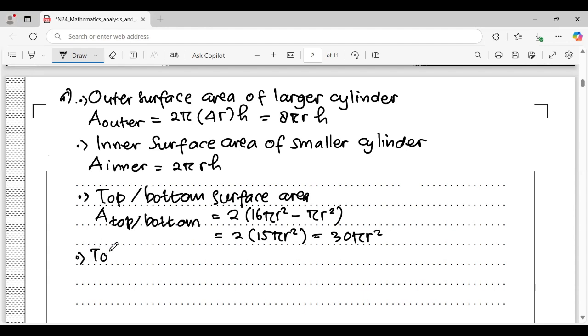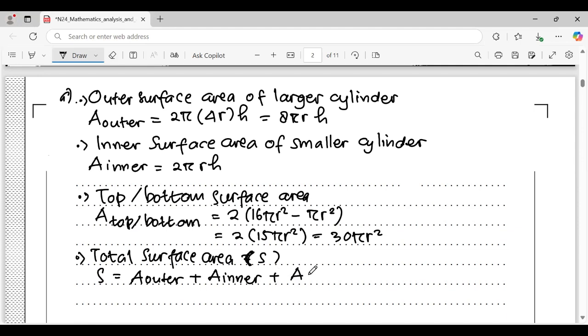And then the total surface area. The total surface area S equal area outer plus inner surface area or smaller cylinder or A inner plus top and bottom.